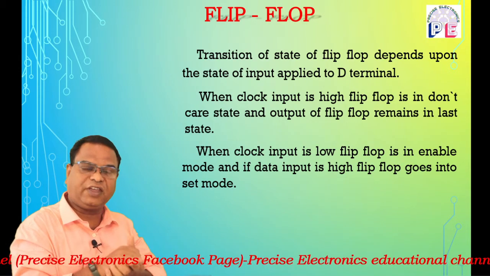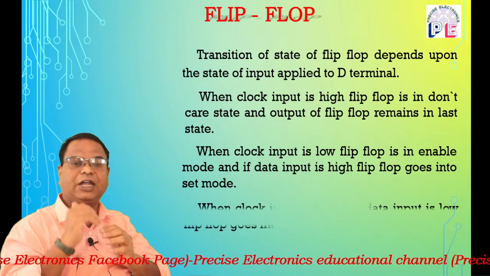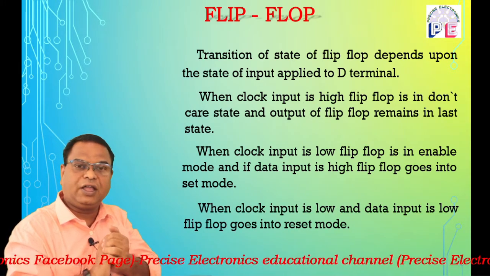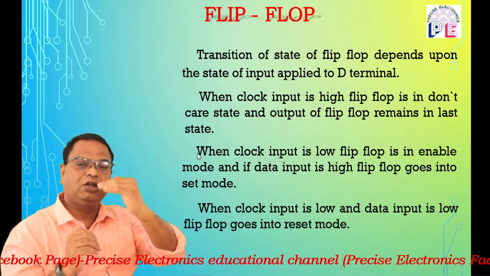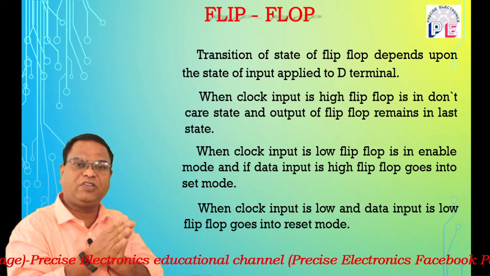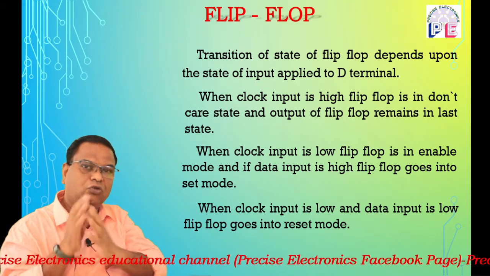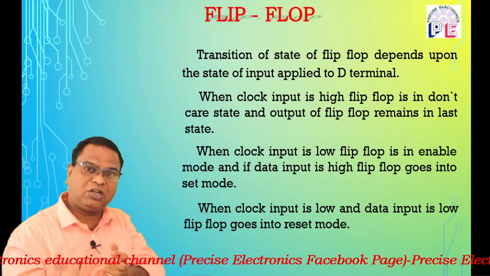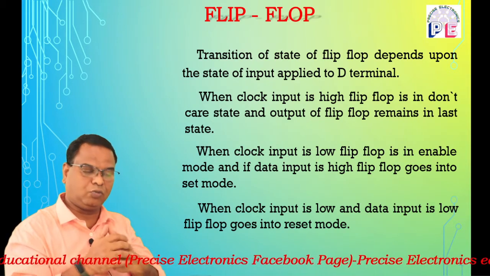Next, when the clock input is low and the data input is also low, the flip-flop is in reset mode and the output is now Q equal to 0, and Q bar, that is Q complement, goes to high level. From this we can conclude that when the clock input is low, the flip-flop is in enable mode, and as per the data input, the flip-flop is in set mode or reset mode.